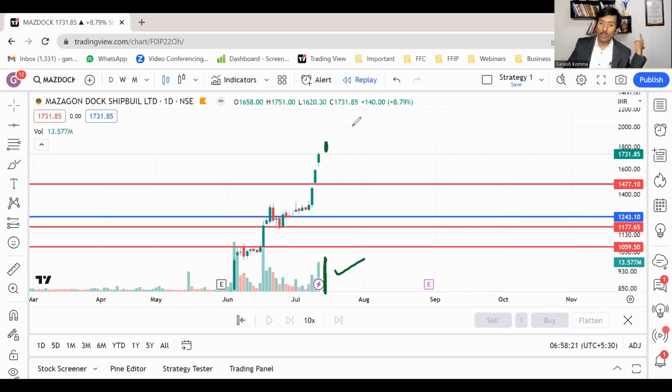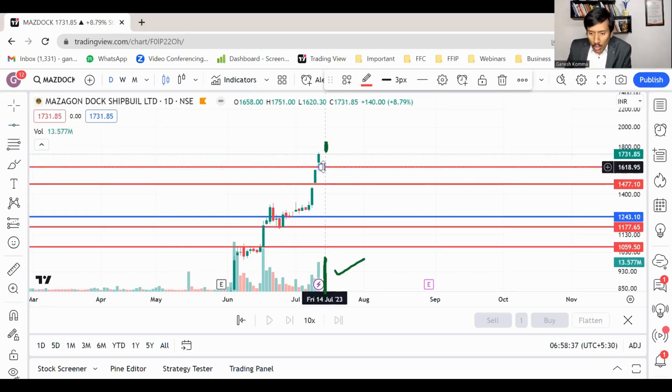Sir, I have taken an entry on the next candle. So you draw the support line, which is 1618, the closing price on 12th July, yesterday's close.